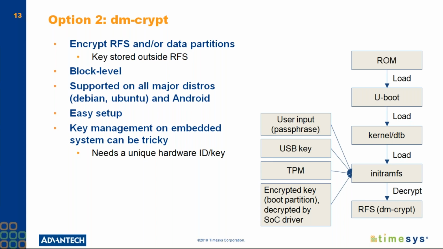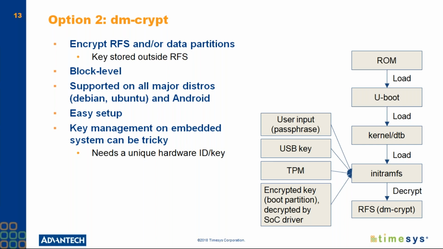And to unlock the root file system, it needs to know the key. The key itself, in the case of Android, is basically your PIN number or the screen pattern which you enter. So you can have a user input to encrypt your root file system, but in standalone embedded devices, that is not practical. So you need another mechanism to store the key securely.